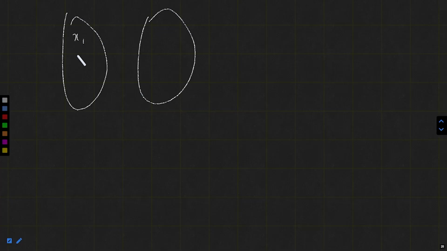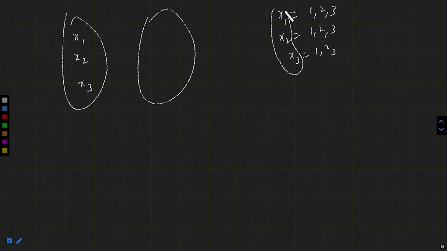So we have three elements, x1, x2, x3, and x1 can be 1, 2, 3, x2 also can be 1, 2, 3, x3 can be 1, 2, 3. But all of these elements must be different to each other, distinct elements.